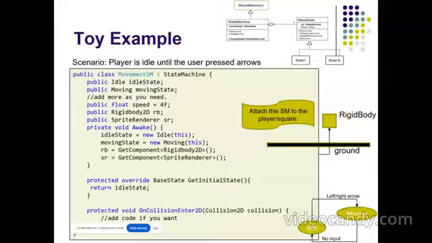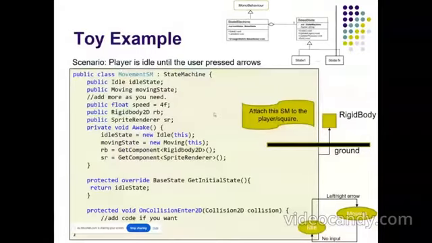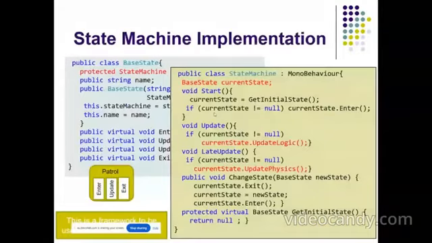That means how many states do we have? We have two states. The first state for this game object is idle, and the second one is moving. So to develop this scenario, this toy example is very simple. Using this framework, we're going to assume first that the two classes here exist in your Unity.